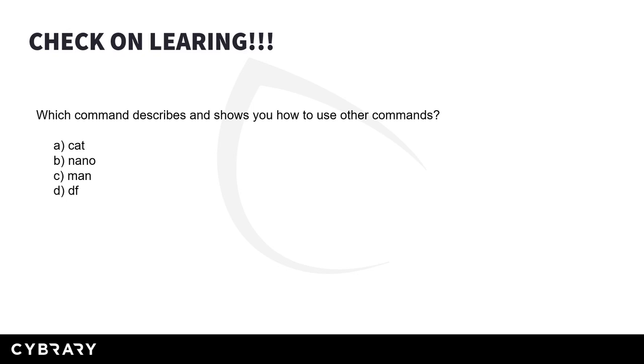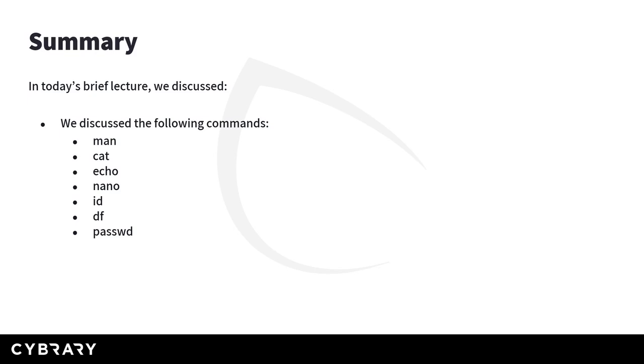So the last choice that we have here is man, which is short for manual. That shows us what a command does, a description of the command, and gives us a lot of good information on what we can do with respect to different switches and things of that nature with those commands that we put after man.